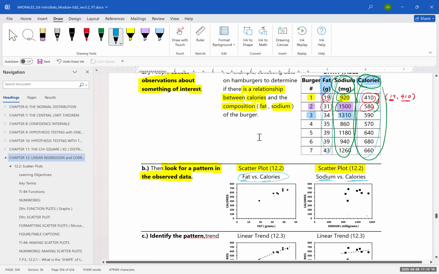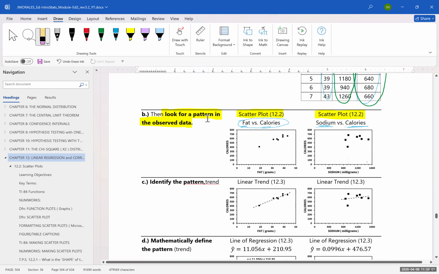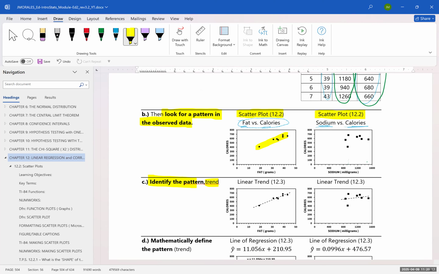Now that we've got those scatter plots, what we want to do next is identify a pattern or a trend. When you look at the pattern of these points on the scatter plot, you can see there appears to be a linear trend. The data points appear to be going up and to the right. This is the analogous idea of looking in a cloud and saying, oh, it looks like an elephant, or, that looks like a snow cone.